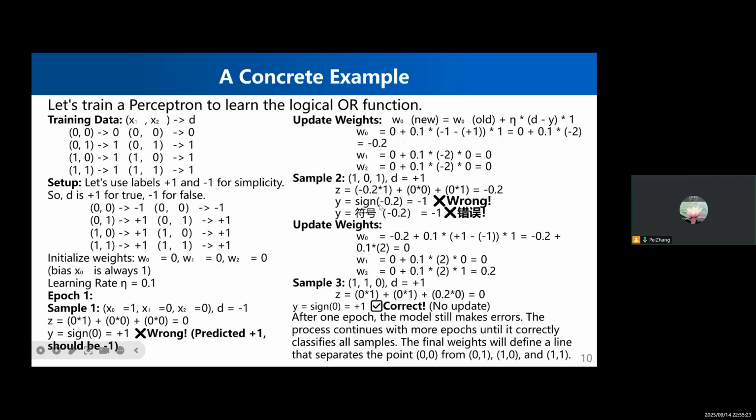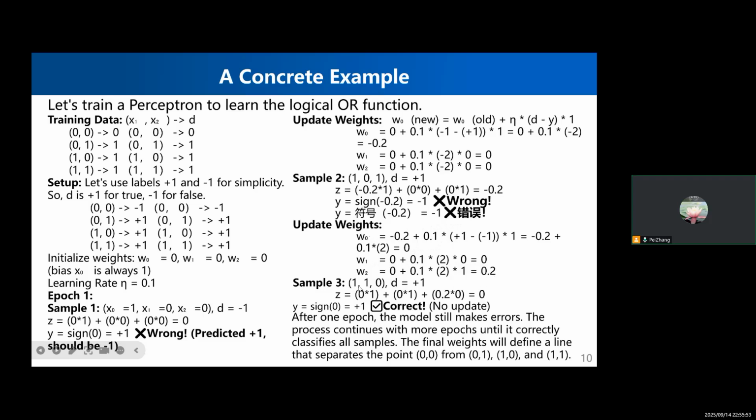The sign of -0.2 is equal to -1. In comparison with the true value d equal to 1, the answer is still wrong, so we still need to update the weights. After updating, W0 changes to 0, W1 stays 0, and W2 changes to 0.2.